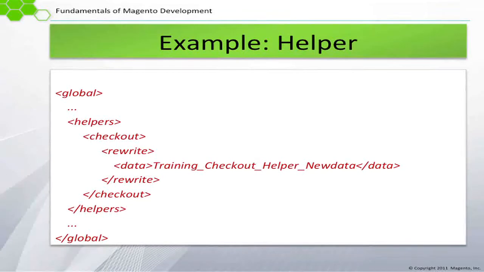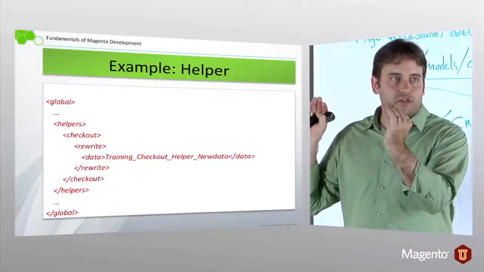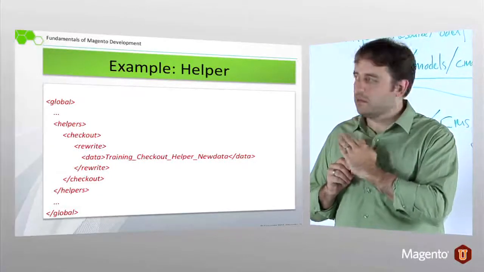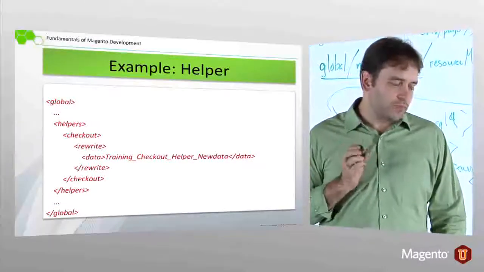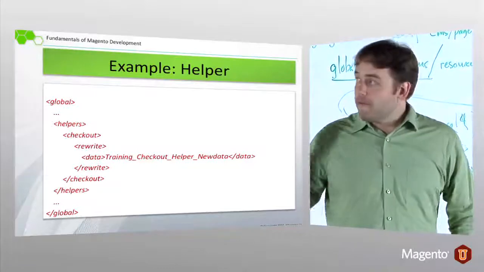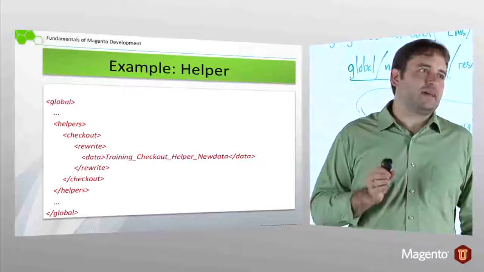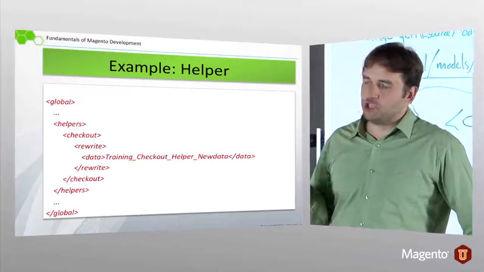Now, helpers, though, that's one more trick. A lot of times you'll see Mage helper, or this helper, the factory method for a helper, and then you'll only see just a string with no slash. Just for your edification, when you don't have a slash, for helpers only, the class name that is assumed is data. So somewhere in the code we would see Mage helper checkout.